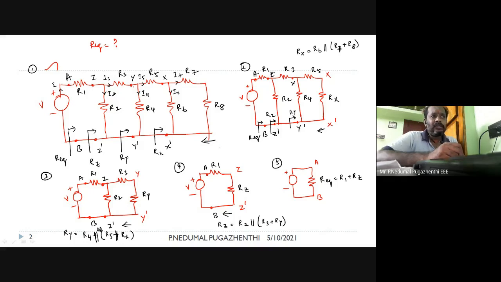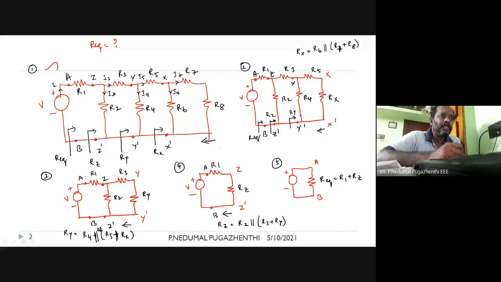If you know the branch currents, then you can find the voltages across each resistor, and also the power dissipated in each resistor. To know the total current I, you are supposed to know the total resistance R equivalent or R total. You may get problems like this in your question papers, finding branch currents, voltages, power dissipation, equivalent resistance, and it is very easy to do that.